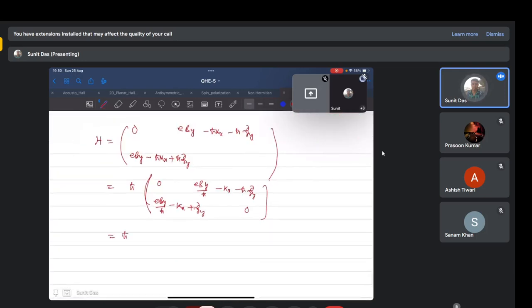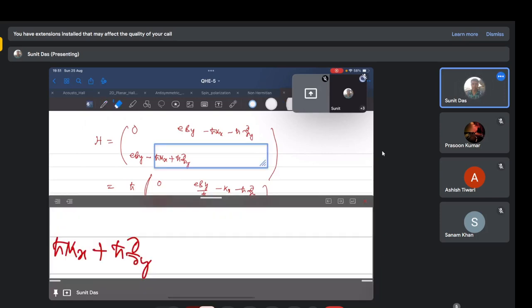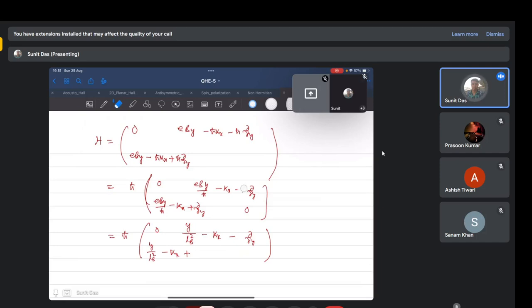So this will be h bar, 0, y by lB squared minus kx, minus del y, y by lB squared minus kx plus, sorry, there will not be any h bar here also, del y, 0.